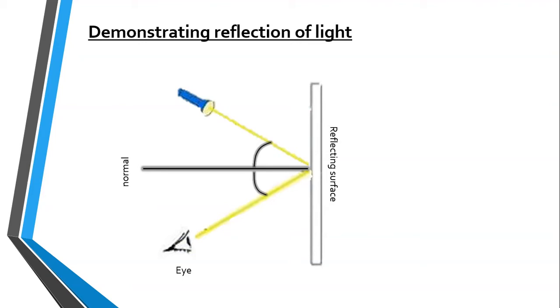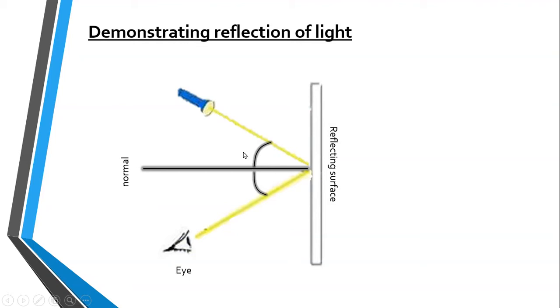Now, I have shown an arc here connecting this ray or this beam of light to the normal, and another one connecting the reflected beam of light to the normal.